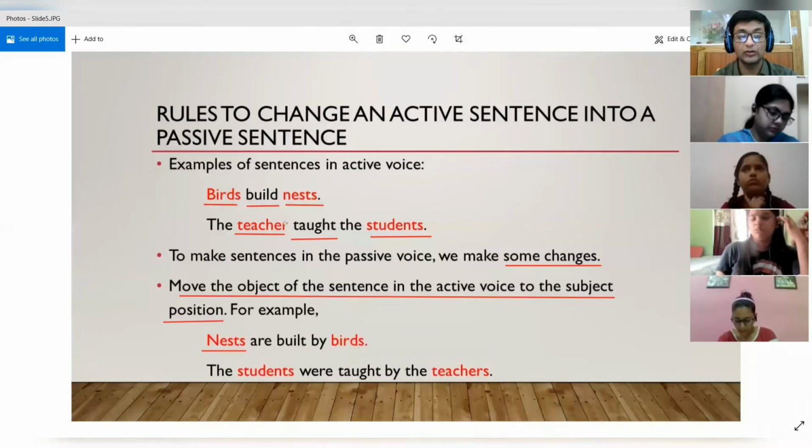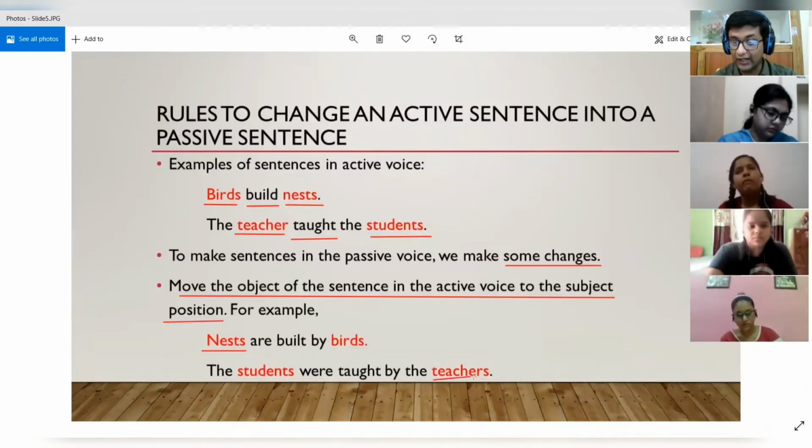In this sentence also, see the second one. The teacher taught the students. So in the active voice, the teacher is the subject over here. But if you see the passive voice, teacher is placed in the end at the object's position. So the subject that was present in the active voice has now become the object in the passive voice.